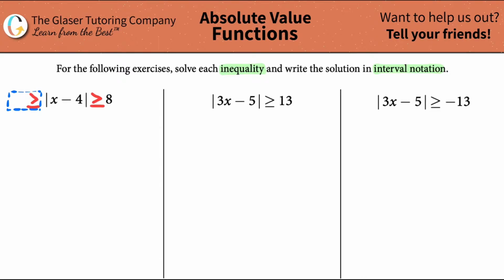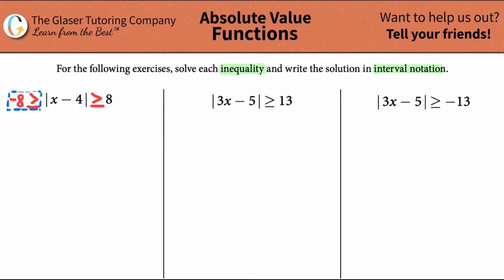That's how we will get the problem 100% correct every single time. Now I will put the negative 8, and there are your two equations. Negative 8 is greater than or equal to the absolute value of x minus 4, and the absolute value of x minus 4 is greater than or equal to 8.